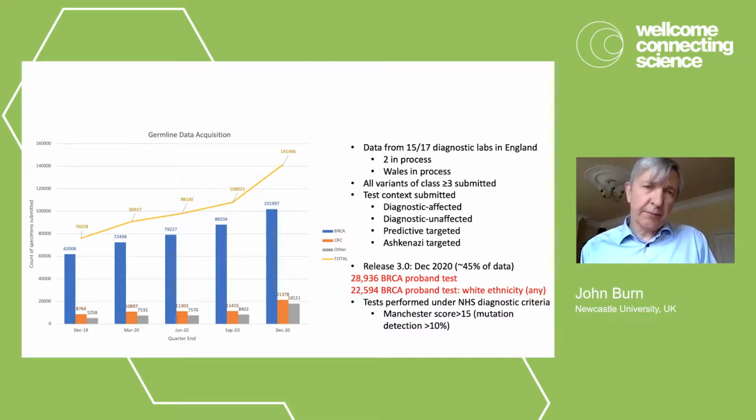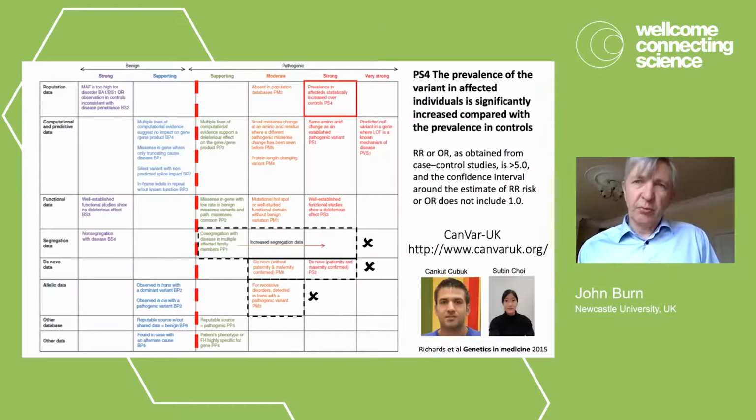And what Claire and her colleagues have done is taken the 22,594 probands where we have a white ethnicity to do some interesting work on whether we can use that to identify the likelihood of pathogenicity based on the so-called PS4, where, because this is a total population study, we can look at the frequency with which variants are being identified in these breast cancer families and compare that to the other non-cancer data that we have available to us. And the work here is very much dependent on Kankut Kubuk and Subin Choi working with Claire.